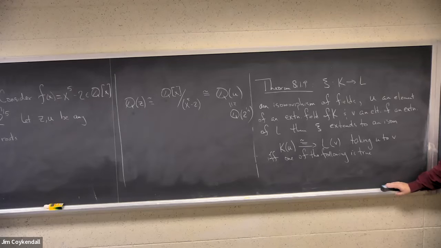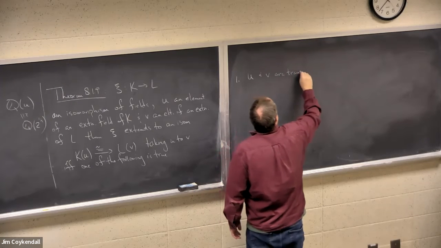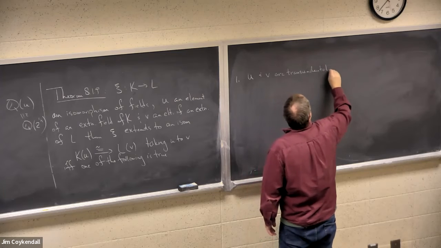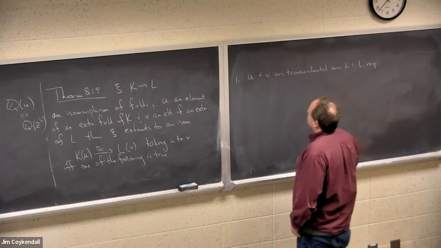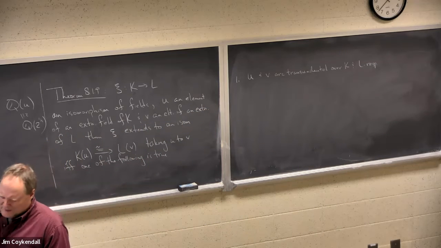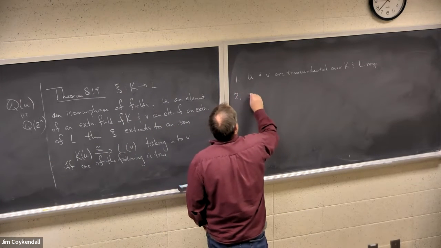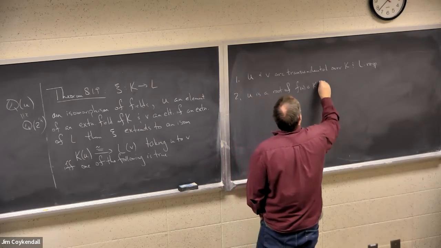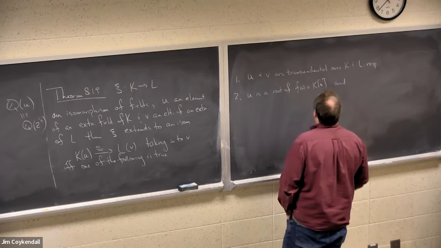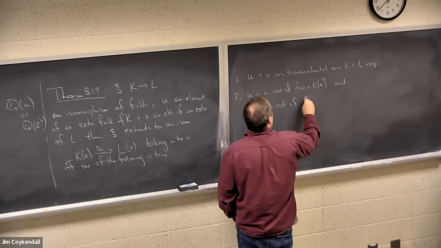Okay, so one condition is u and v are transcendental over K and L. Number two, u is a root of f(x), and v is a root of the image of f(x) under the homomorphism.